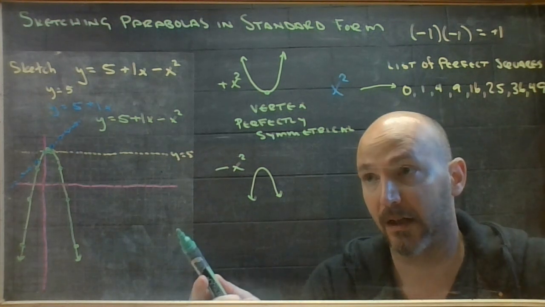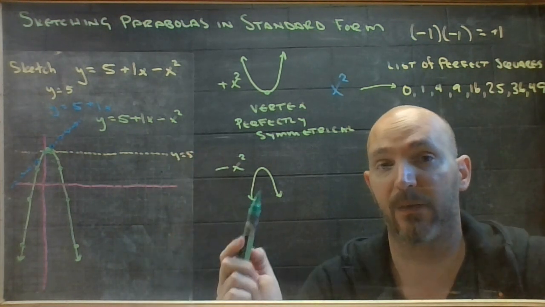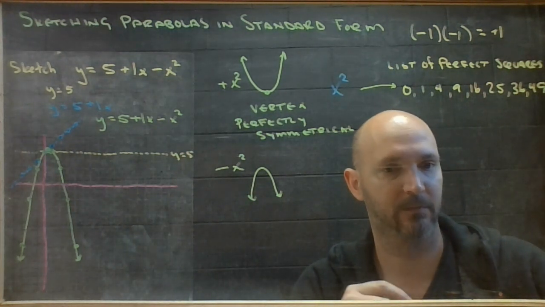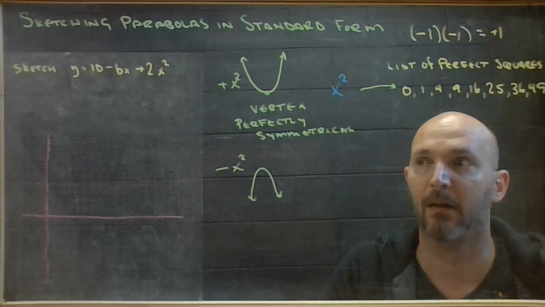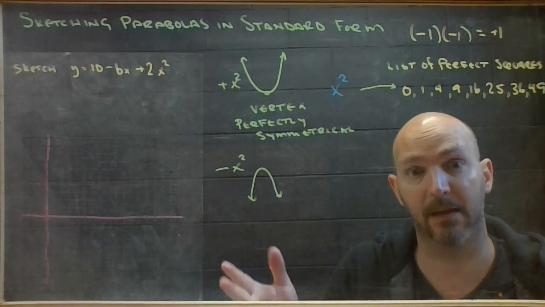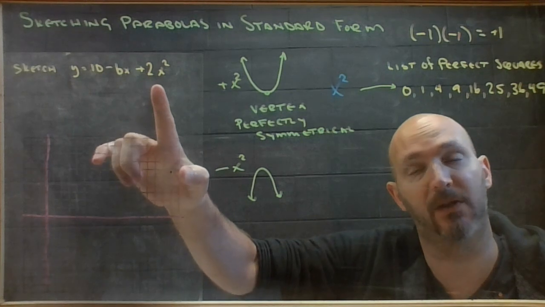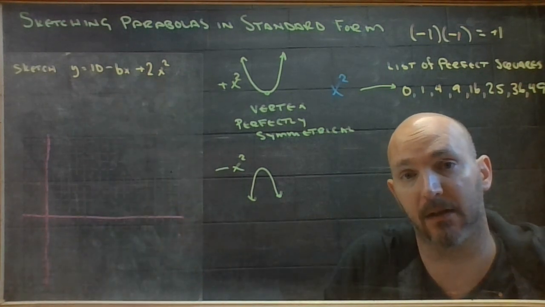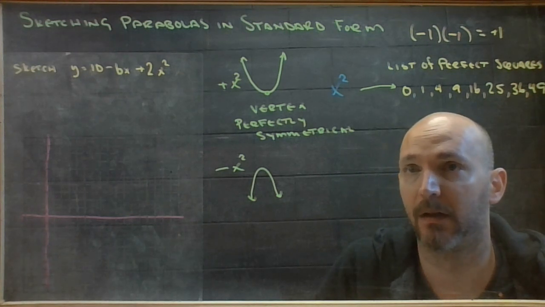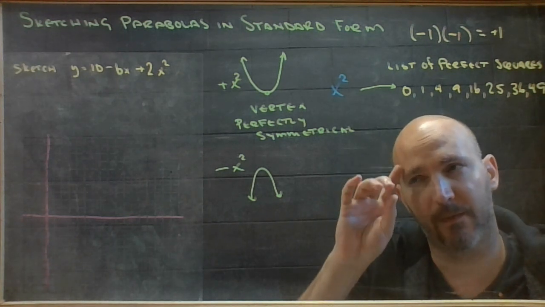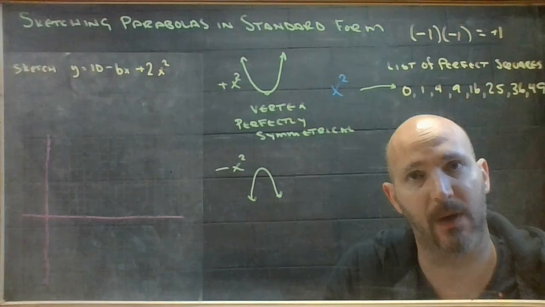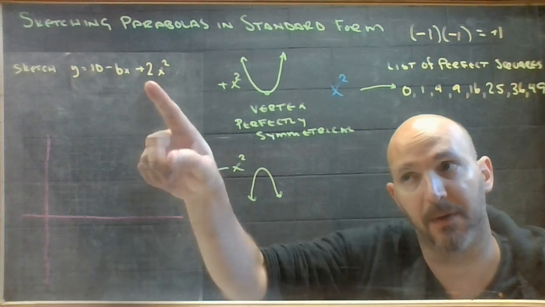So I'm going to clean this off, and we're going to try one that has a coefficient in front, and then I think you're ready to try the practice problems. So last example here, where I'm not just adding x squared to my line, I'm adding twice x squared to my line. So the first thing I should do to get ready for that is look at my list of perfect squares and double them.